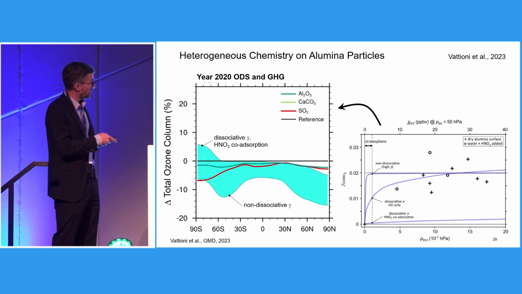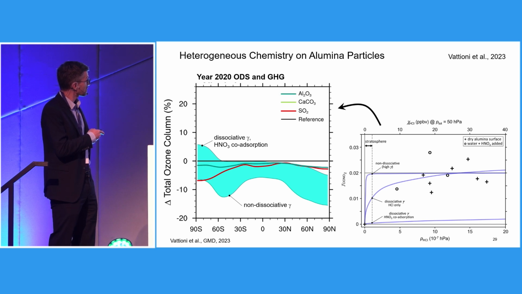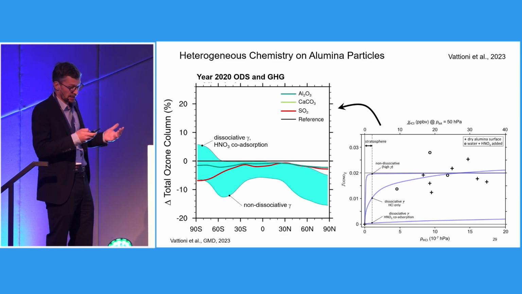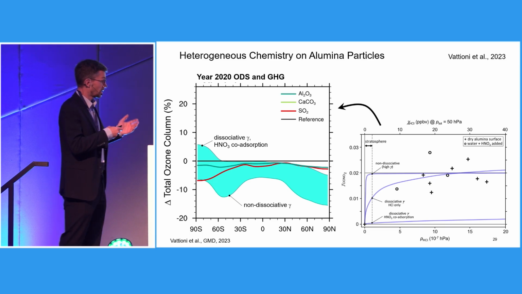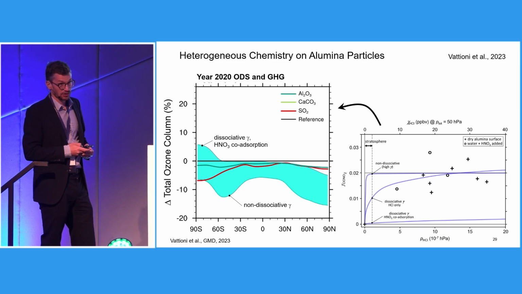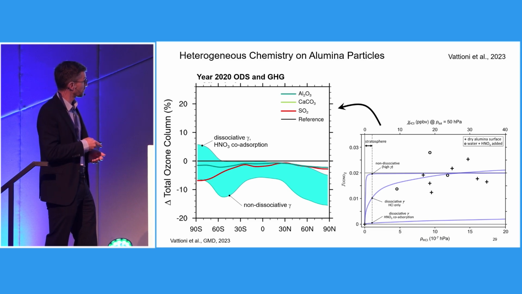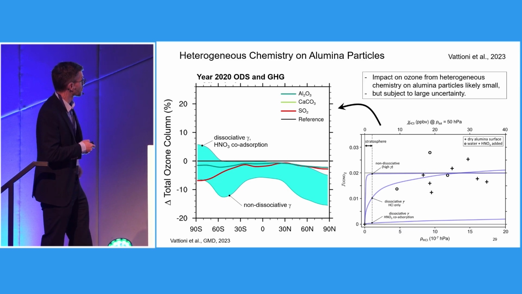More realistic are the lower scenarios, because HCl will likely dissociate at the surface, and there will also be HNO3, which will co-adsorb at the surface in even larger quantities and displace some HCl from the surface, which effectively would lower the uptake. So the most likely scenario is also rather at the 0 line here, but we can't exclude this strong ozone depletion scenario up here. So we also need more research to quantify this better.